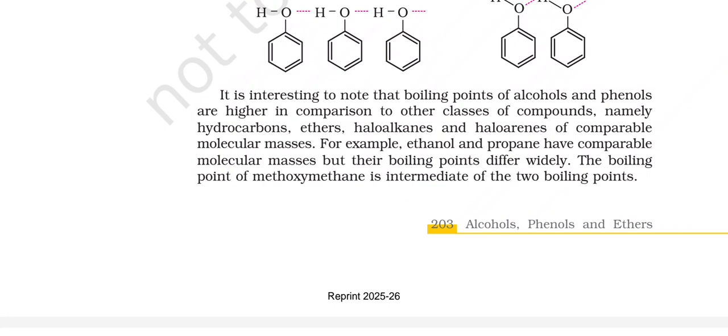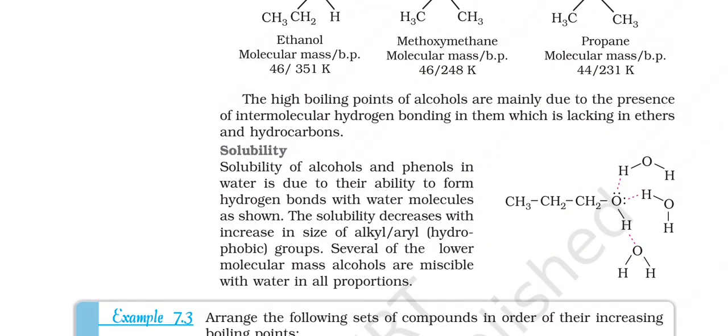For example, ethanol and propane have comparable molecular masses, but their boiling points differ widely. The boiling point of methoxymethane is intermediate of the two boiling points. The high boiling points of alcohol are mainly due to the presence of intermolecular hydrogen bonding in them, which is lacking in ethers and hydrocarbons.